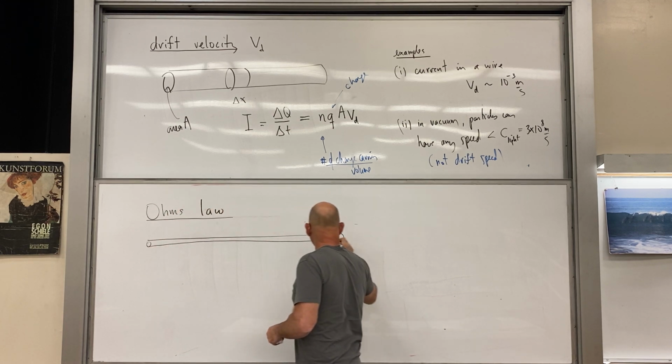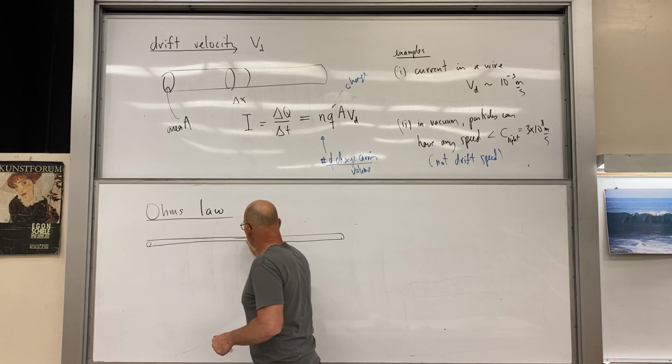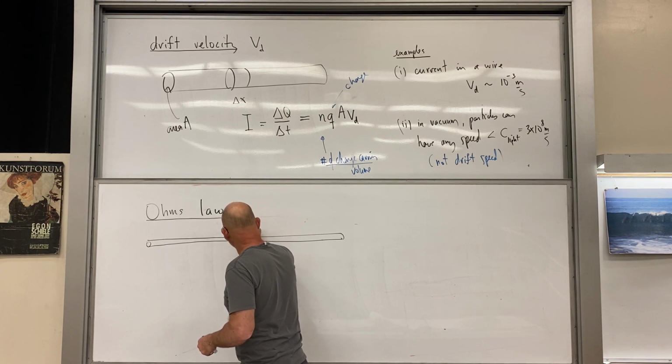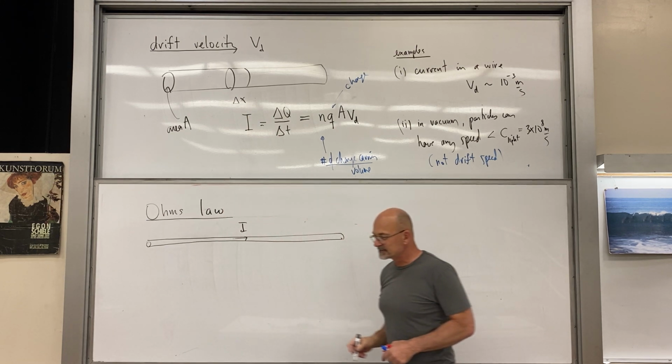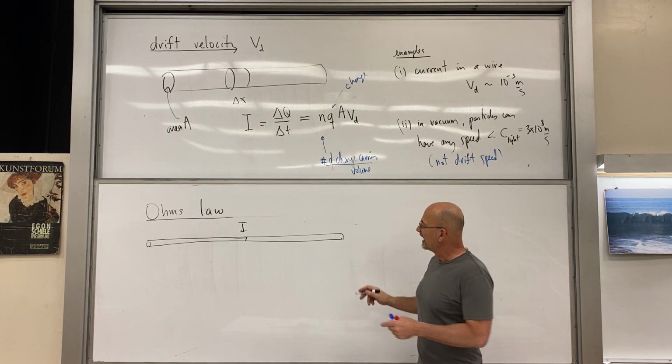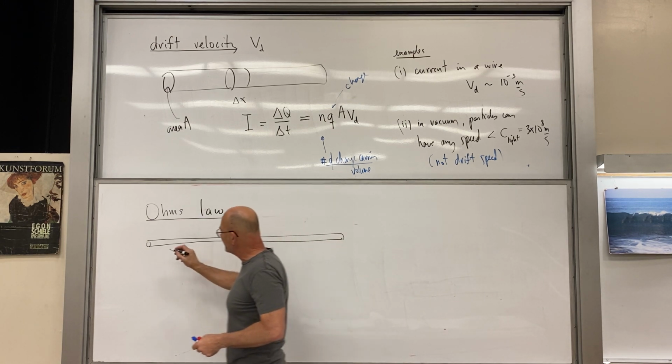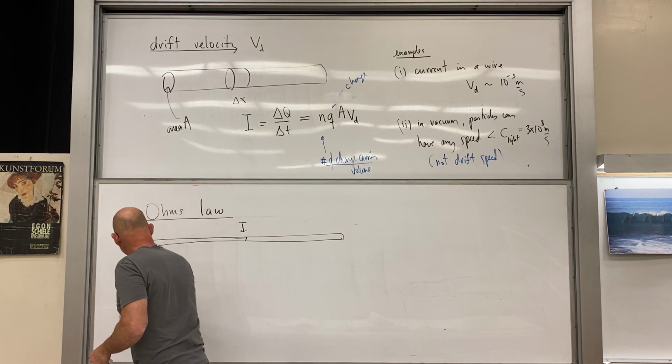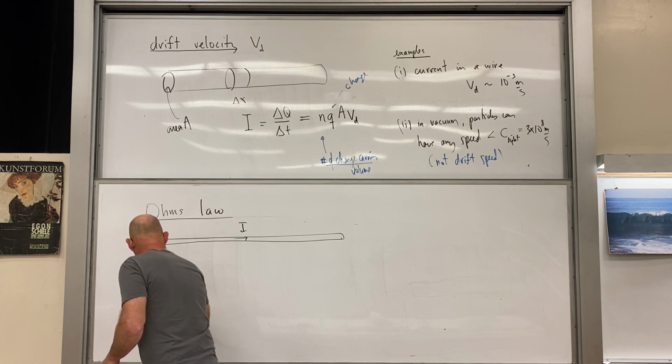There are charge carriers. They tend to be electrons, but there's going to be our direction of current. And there's a potential difference across the ends here. So you can imagine that we had hooked this up to a battery.